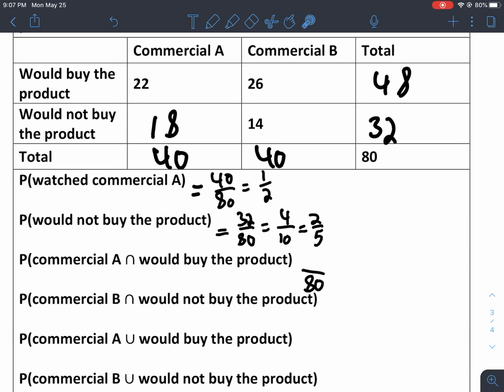Out of those 80, commercial A is here, would buy the product is here. Let's highlight, bam, our intersection is here. There are 22 out of those 80 who watched commercial A and would buy the product. Let's divide that by 2, and we get 11/40.